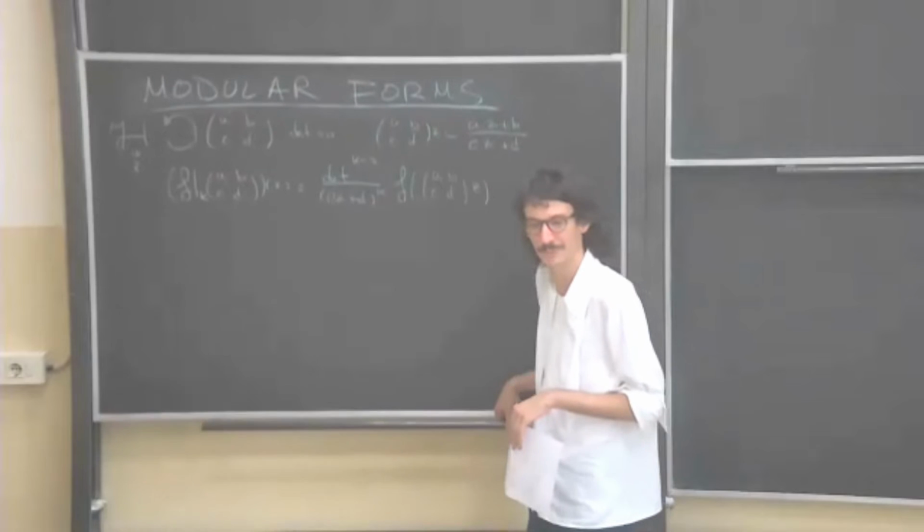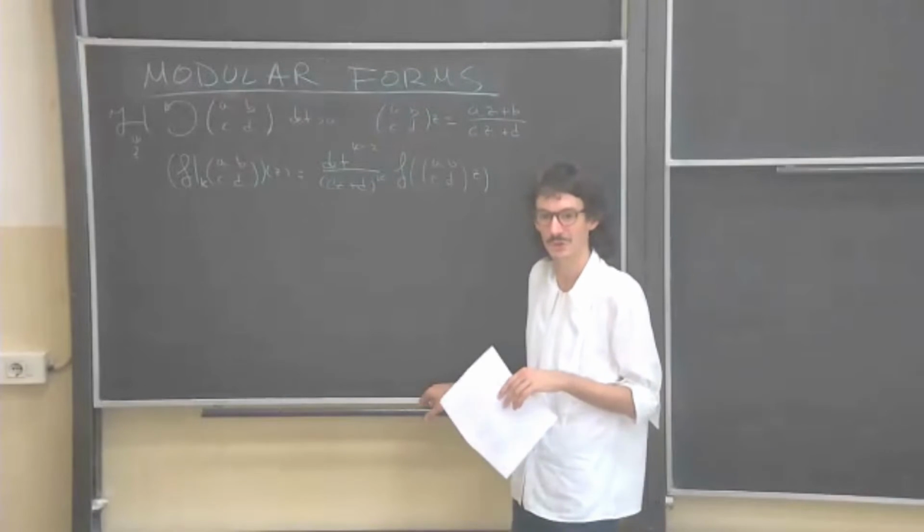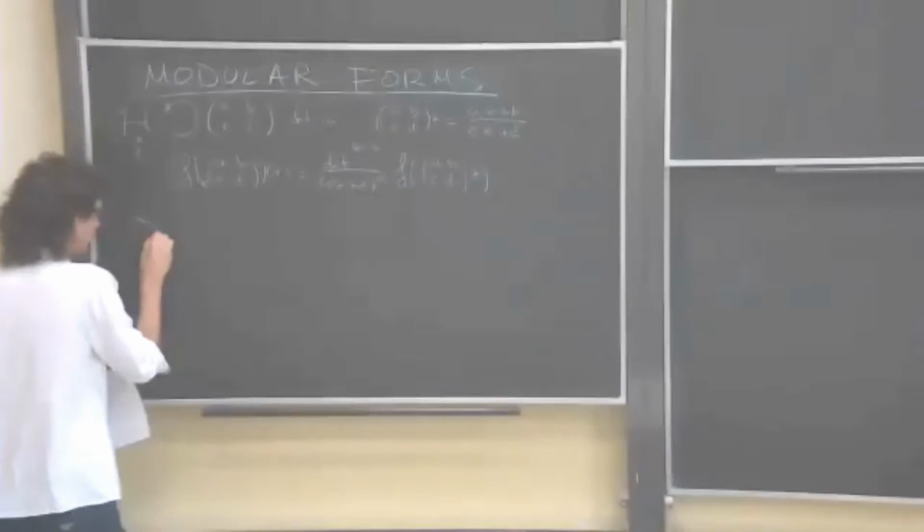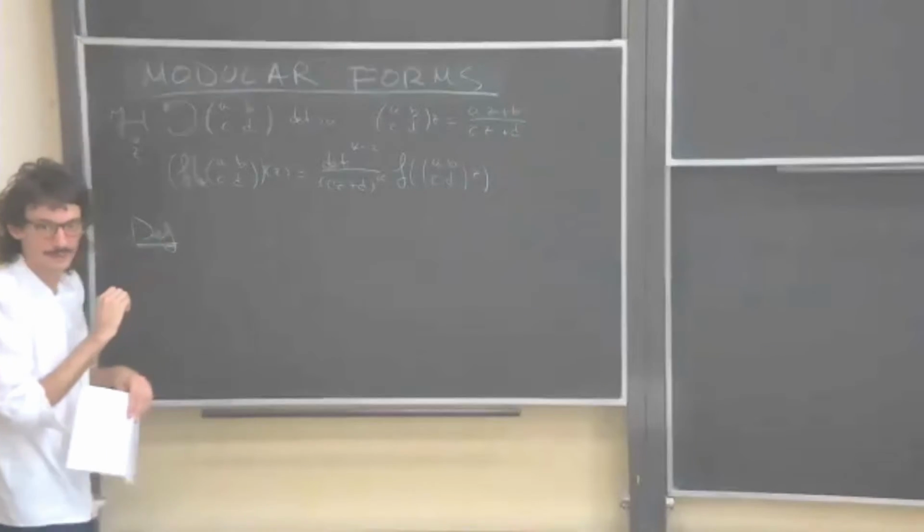It seems appropriate to start with a definition that is an extension, but also a recall of what is a modular form. In this case, not of level 1, but now of level gamma naught n.